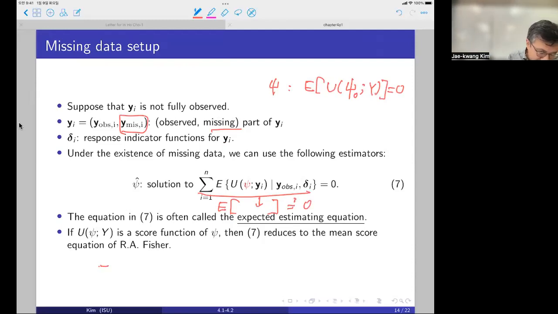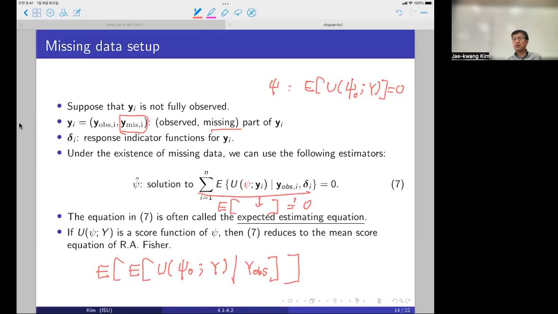The answer is yes, because by the property of the conditional expectation, this is the marginal of the observed data, and this is the conditional.